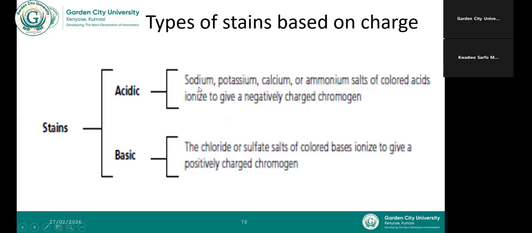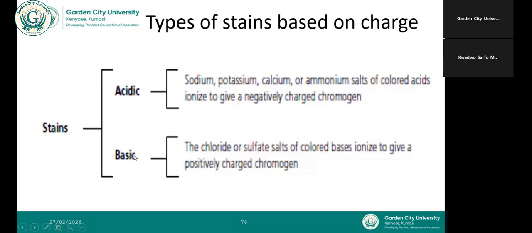So stains that contain sodium, potassium, calcium, ammonium salts, they are negatively charged. So the chromogen is negatively charged and they are the acidic stains.